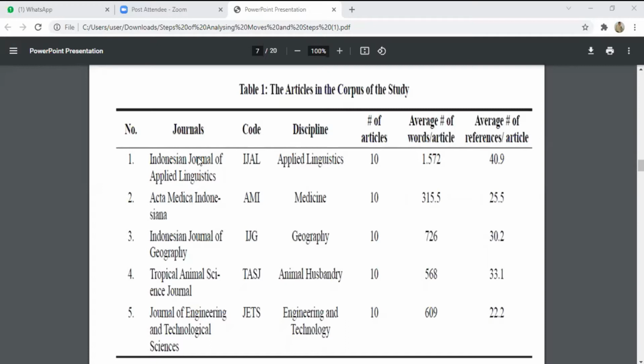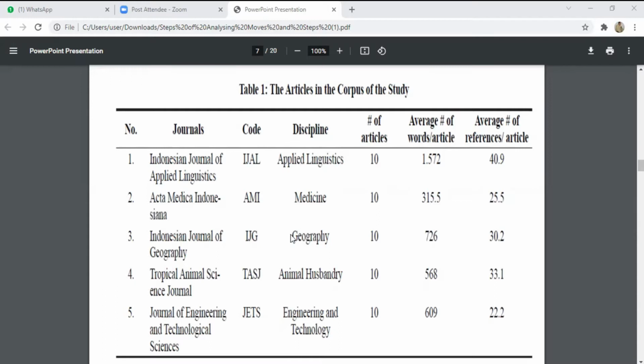I also took 10 articles from Acta Medica Indonesiana in the medicine field. The same number of articles, but a quite different number of words per article. This article is quite short, only 315 words, for the discussion section, and the number of references is less than the one in applied linguistics.